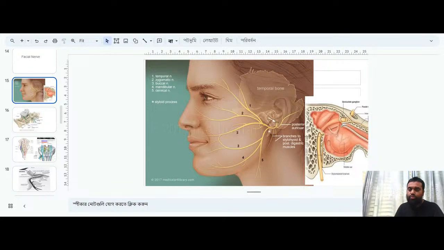So which person has which type of paralysis? Roll number 20 and roll number 19, please write your answer here. Who has wrinkle, upper motor or lower motor? Write down like this: wrinkle, upper motor, no wrinkle, lower motor, or wrinkle, lower motor, no wrinkle, upper motor. Just write it here.